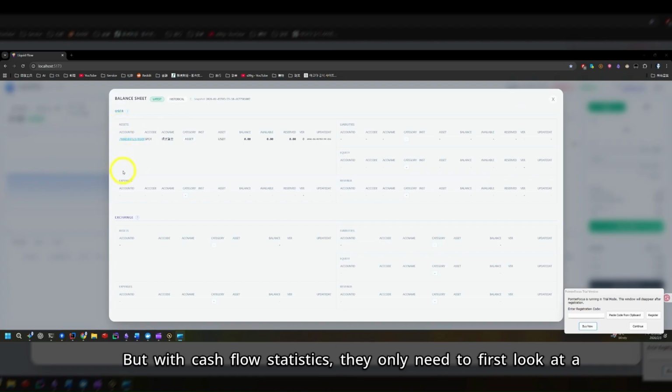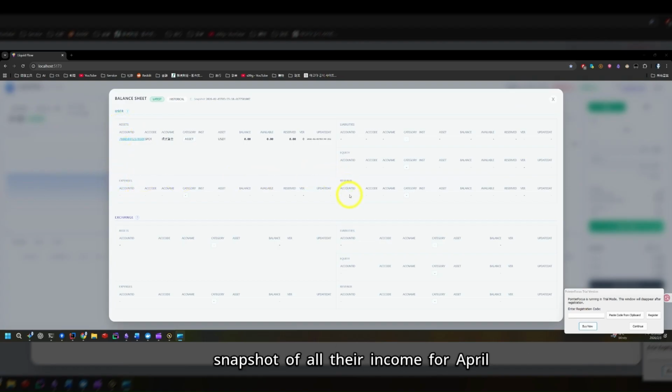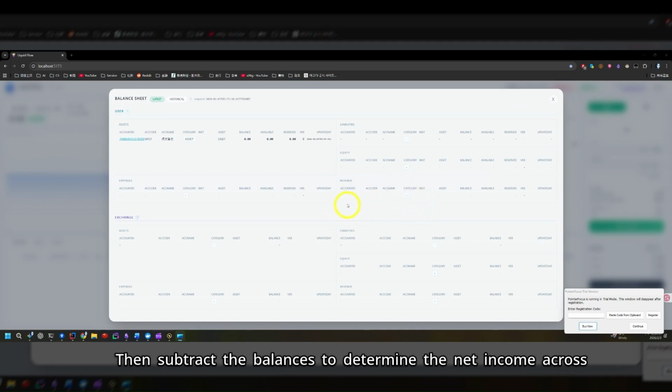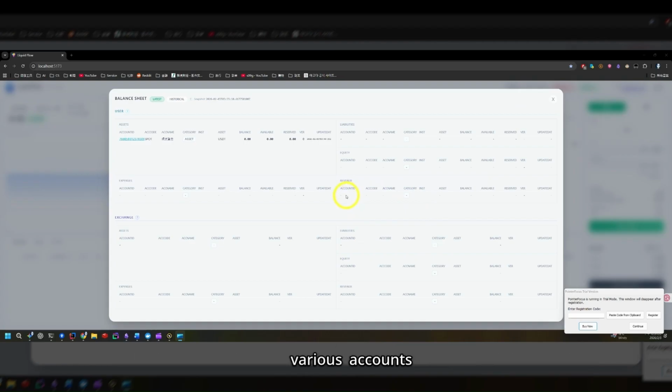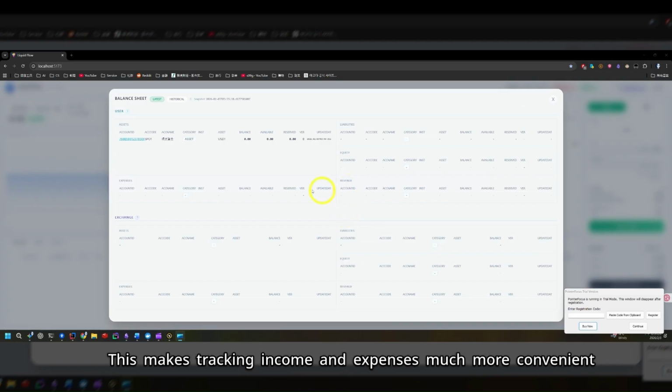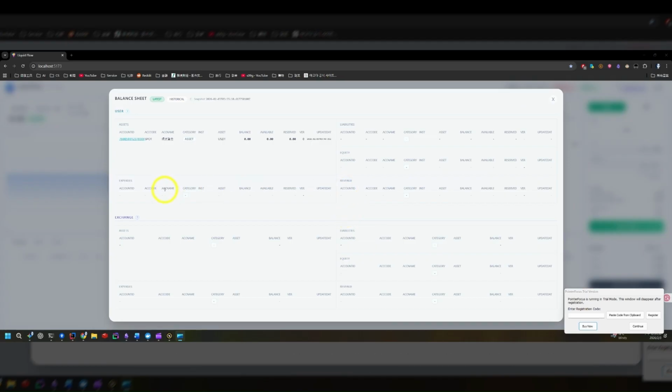But with cash flow statistics, they only need to first look at a snapshot of all their income for April. Then check the snapshot of all accounts for July. Then subtract the balances to determine the net income across various accounts. This makes tracking income and expenses much more convenient.